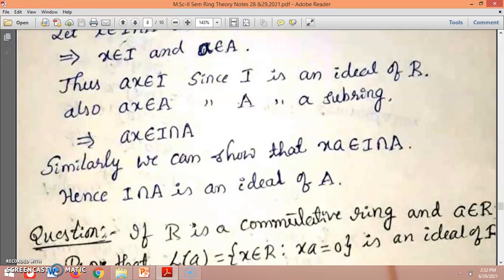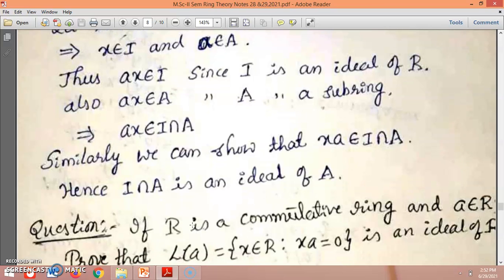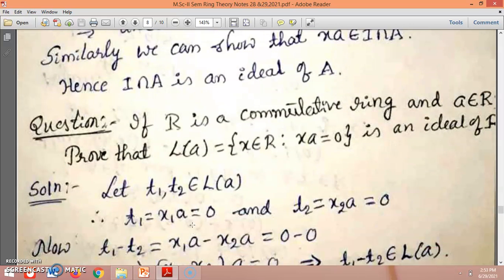Similarly, we can prove that xa is also a member of the intersection. Once these two properties of an ideal hold, this intersection of I and A is again an ideal of A.